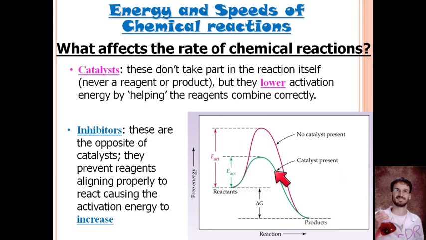But when we add the catalyst, it causes the hump to lower, which means it takes a smaller amount of energy to trigger the reaction, but you still have the same exact chemical reaction. You still finish with the same things down here.